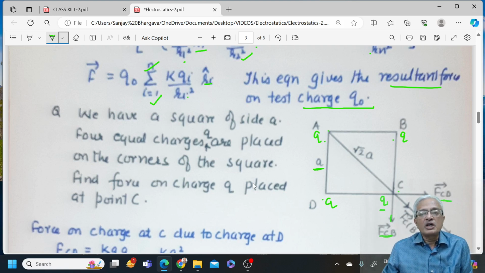Force on C due to charge at D would be in this direction, and similarly force on C due to A would be along the diagonal.